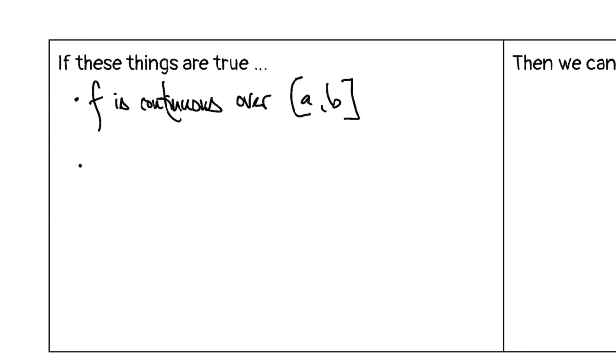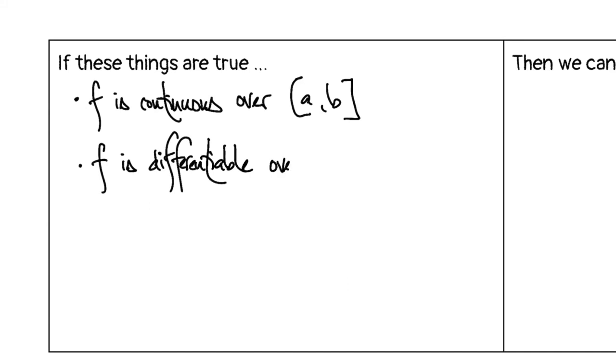The second thing that we need to check is f is, here's that word again, smooth, differentiable over, but here's the catch, it's not inclusive. Okay, because sometimes at the end points, we end up with pieces that might be sort of sharp, or we don't know what happens on the other side. And so we just want to say in the interval we're looking at, but don't worry about the endpoints, that the function is differentiable.